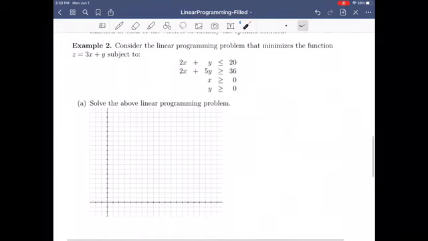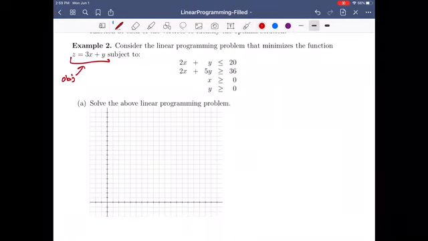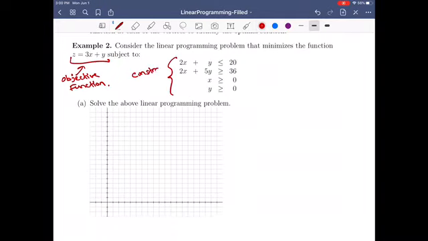So consider the linear programming problem that we want to minimize, this function here. So this is our objective function, subject to all these inequalities. So these are the constraints. So again, I'm going to start with the bottom two.